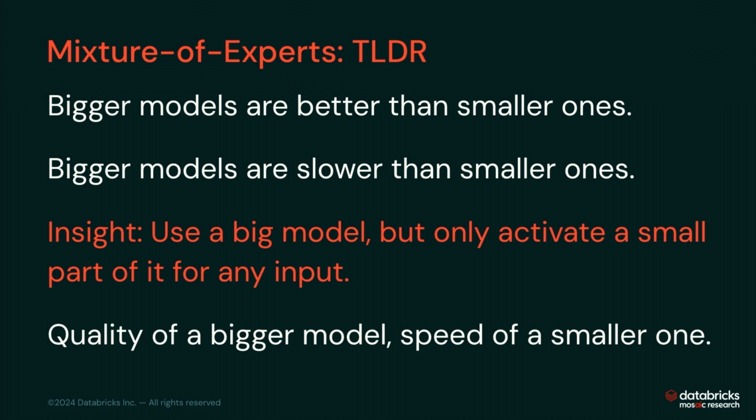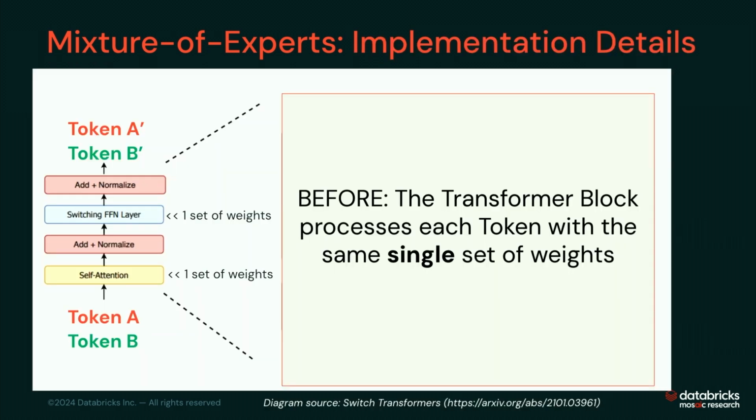So what does this actually look like in practice? Let's zoom in on one block of a transformer. All the models we trained today are transformers, and here we're looking at just one block. We feed the transformer tokens, which are basically little chunks of a sentence, and they go through these different layers. You go through the self-attention layer, you do some operations, you go through the feed-forward layer, the FFN layer, and traditionally you have one set of weights, one set of learnable parameters for each of these components.